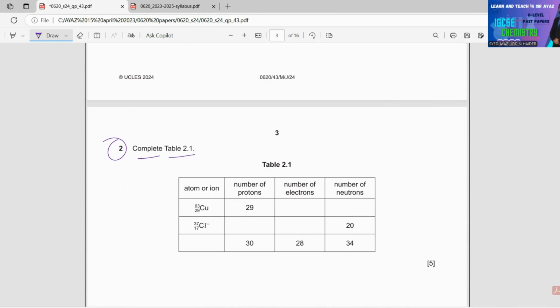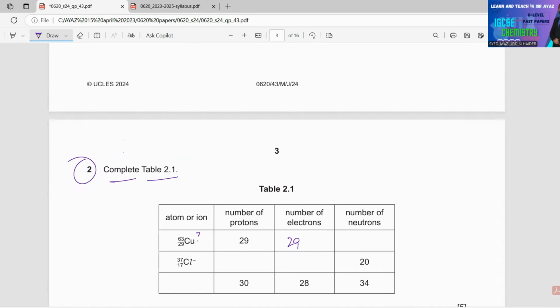Complete table 2.1. We have atom or ion, number of protons, number of electrons, and number of neutrons. For Cu, the proton number is given, it's 29, and the nucleon number is 63. Number of protons is 29. What about the number of electrons? It should be equal to the number of protons because we don't see any charge on Cu. So you simply write 29 here. What about number of neutrons?